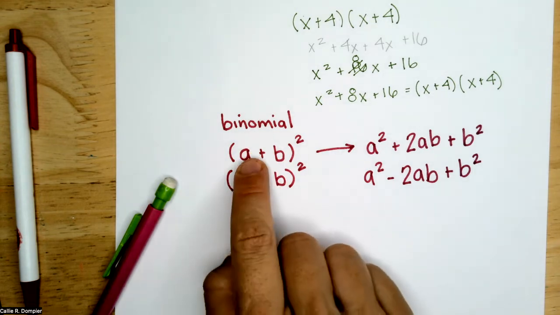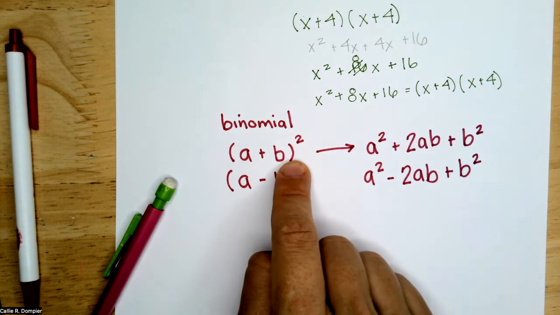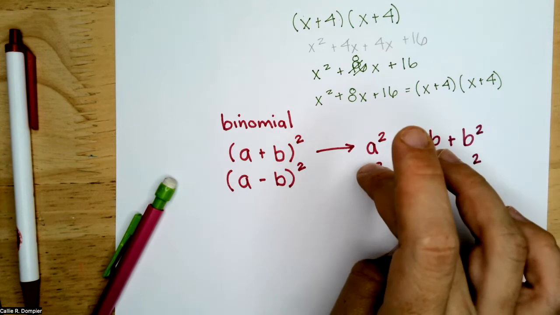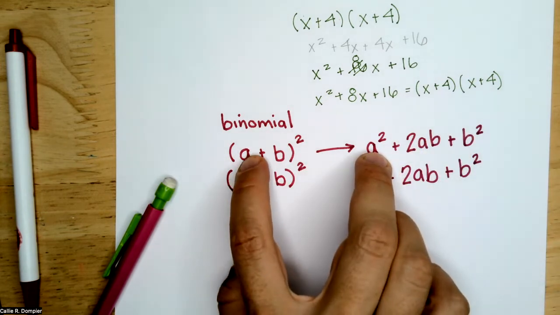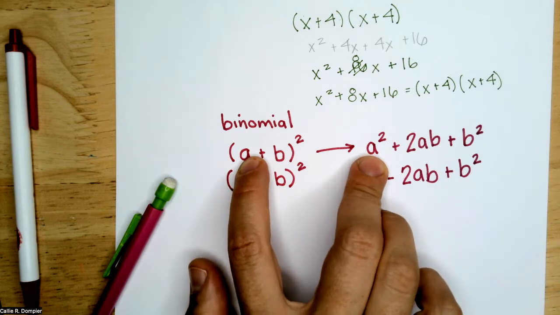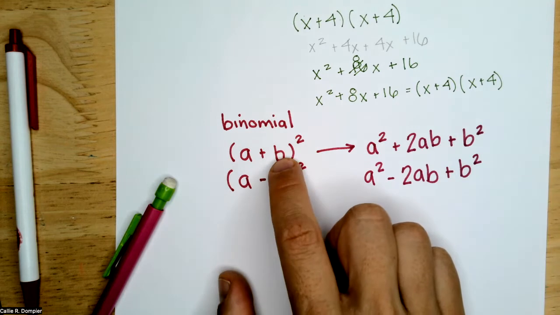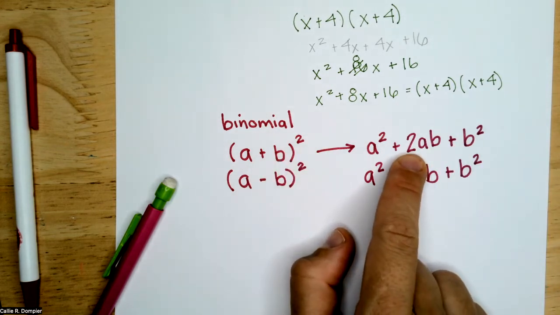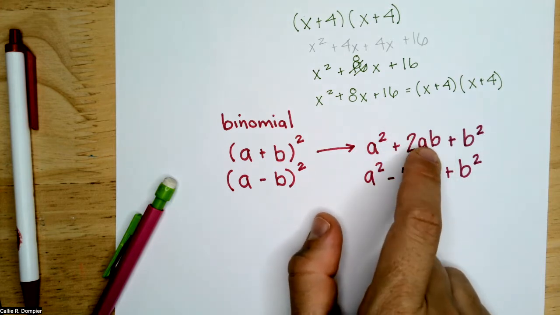If we're looking at the binomial, we have a as the first term and b as the second term of the binomial. In the trinomial, the first term is the square of this number, right? The third term is the square of the second number. The middle term is twice the product, because we are multiplying by 2 and multiplying them together.